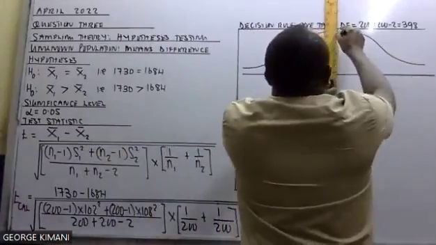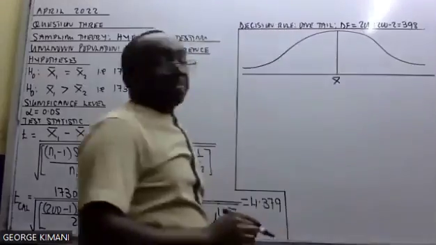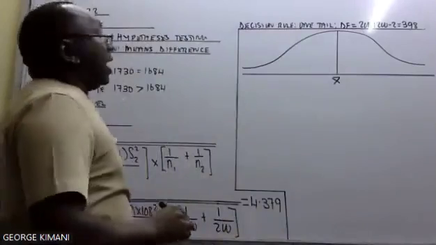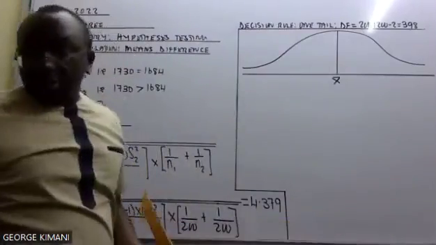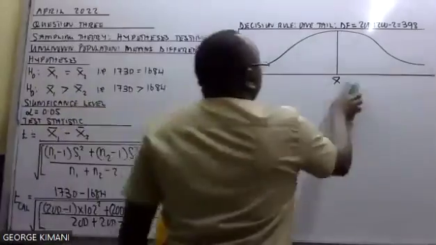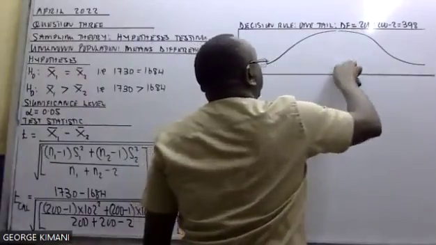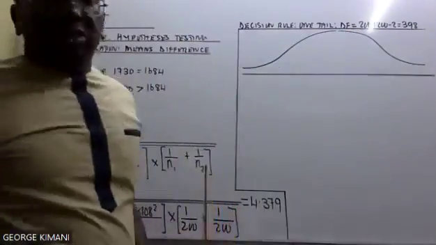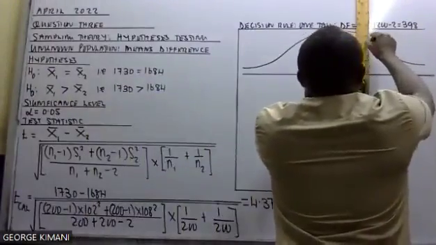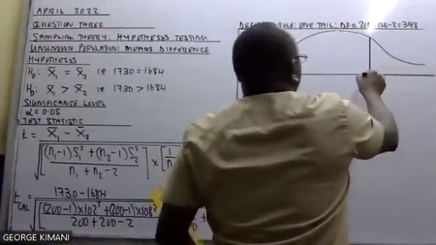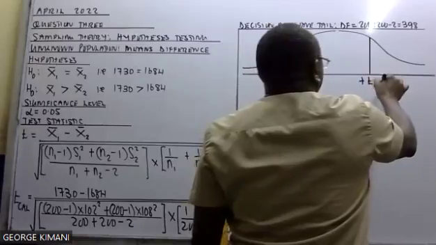So here we have X bar. We may not need to define that. What I need is the critical value. Because we are doing the upper side, here I will have a positive T critical.